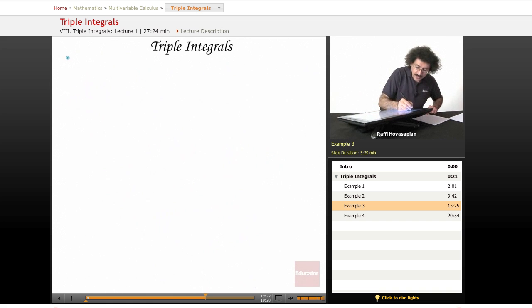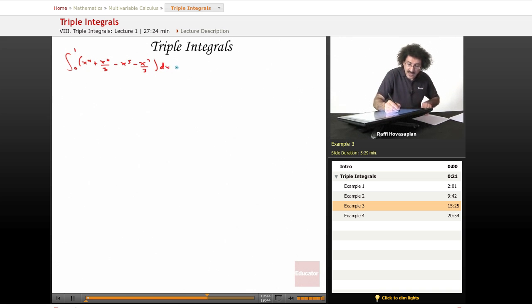So now I'm going to integrate from 0 to 1 of, well, x to the 4th plus x to the 4th over 3 minus x to the 5th minus x to the 7th over 3 dx. And I end up with the following.